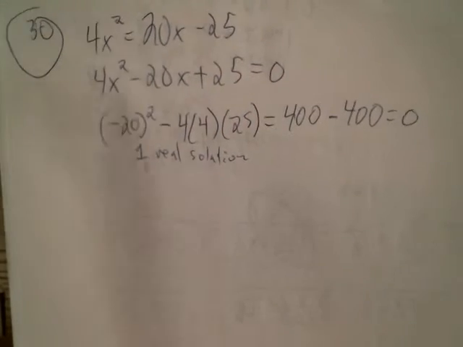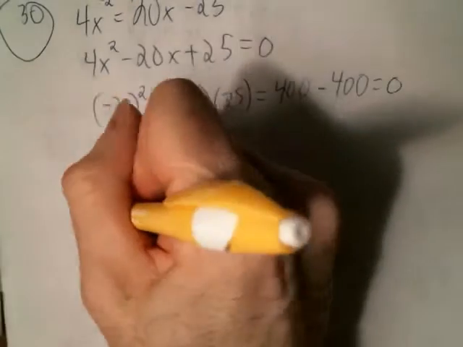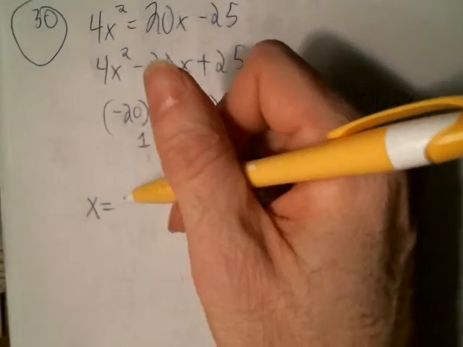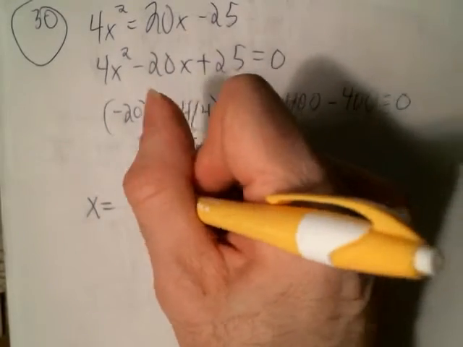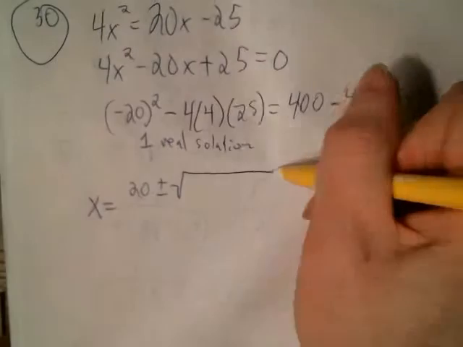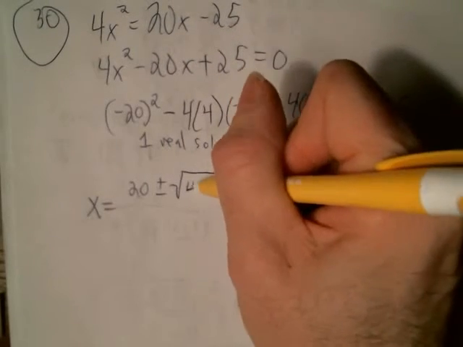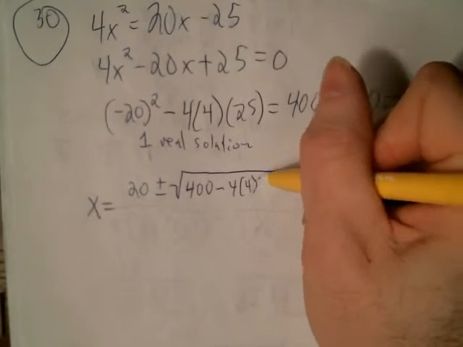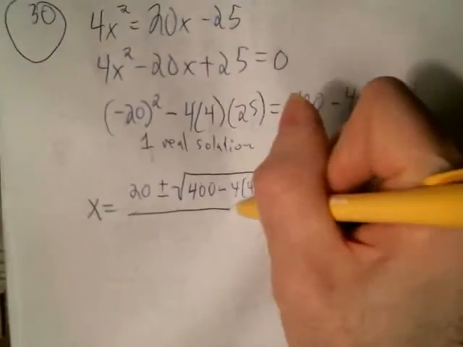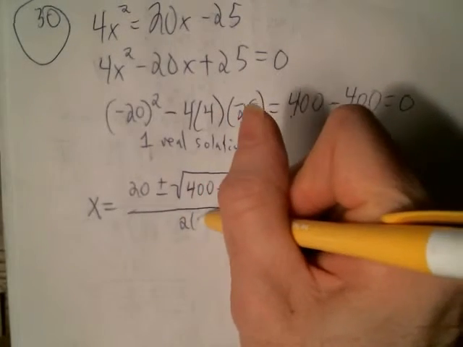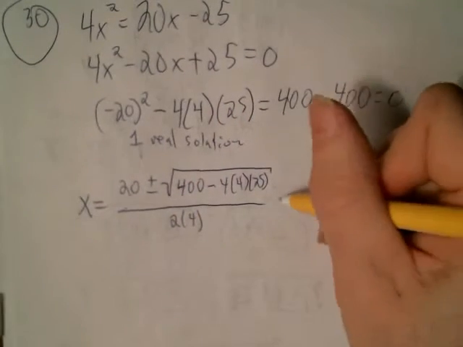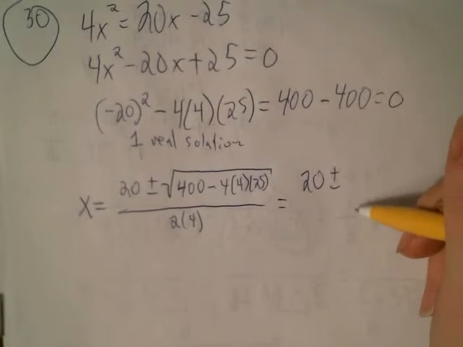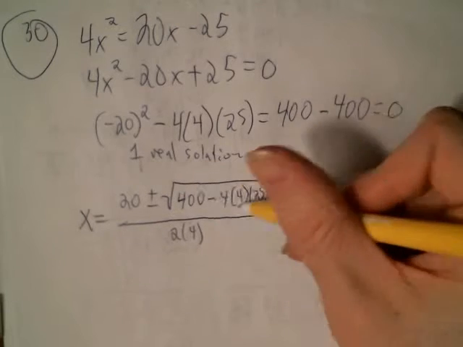It's important to think about what it would be if we went through the motion. x is negative b, so 20 plus or minus the square root of negative 20 squared, which is 400, minus 4ac, all over 2a. The reason we only have one solution in these cases is because this stuff will all be 0.